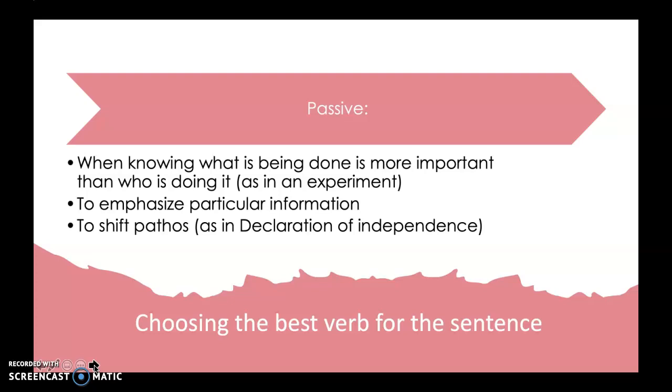You might also, and Williams doesn't talk about this too much, but I think it's an important thing, especially for rhetoric purposes, shift pathos, as in the Declaration of Independence. When Jefferson writes the Declaration of Independence, many of his verbs are passive in construction, and it has the effect of shifting our empathy and our sympathy toward the writers of the Declaration of Independence.